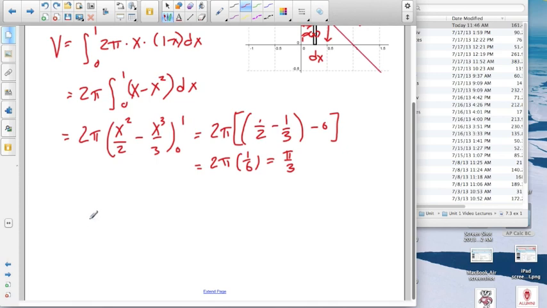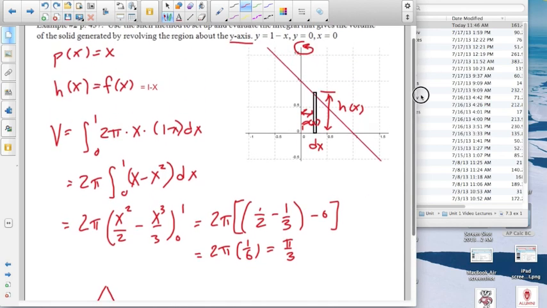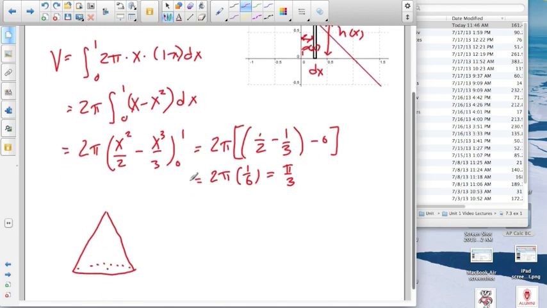You're getting a cone with a height of 1 and a radius of 1.